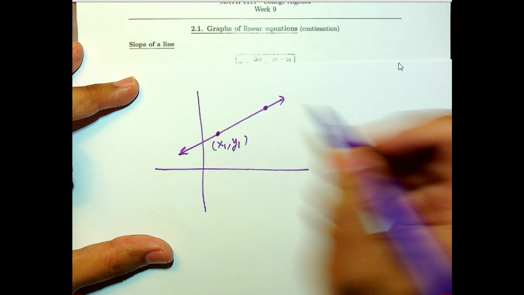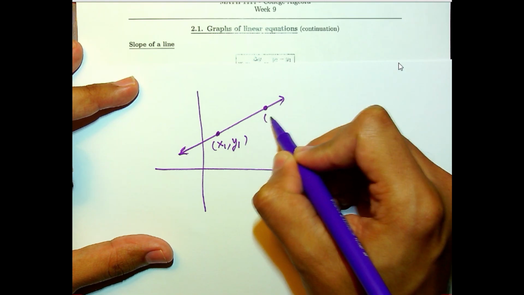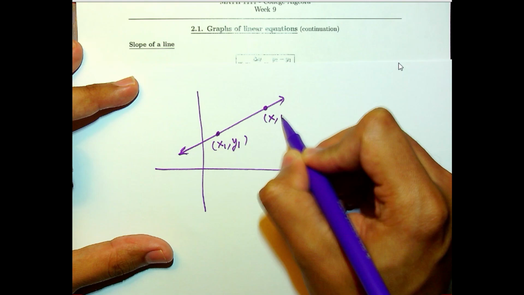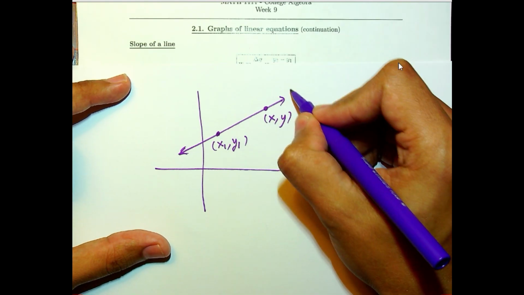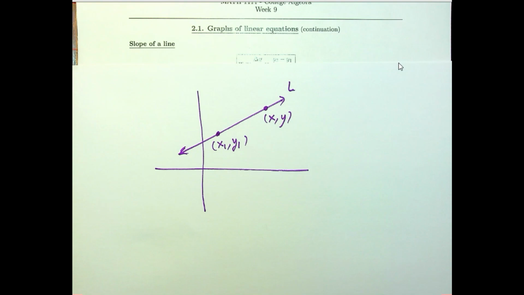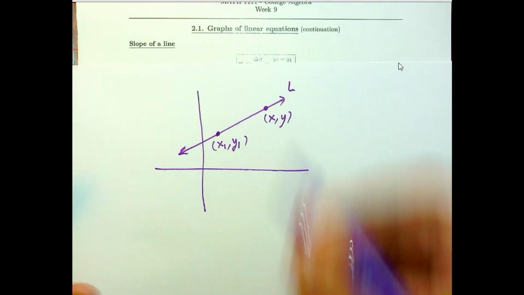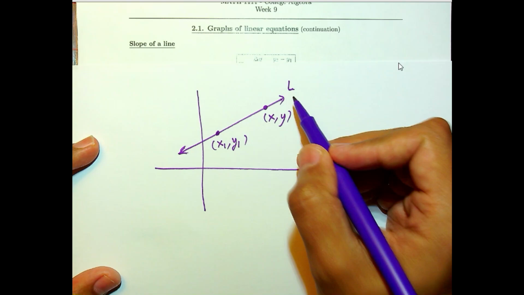Since it is arbitrary, we don't know what it is. Let's call it x, y. So that's an arbitrary point on the line. We are calling the line L. Okay, we know that this line has slope m.